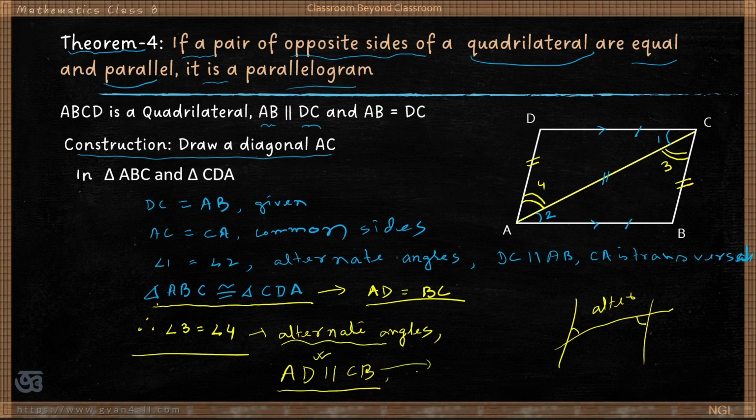In this quadrilateral, the opposite sides are equal and parallel to each other. So this is a parallelogram. So this is the proof that such a quadrilateral, which has a pair of sides parallel and equal, is a parallelogram.